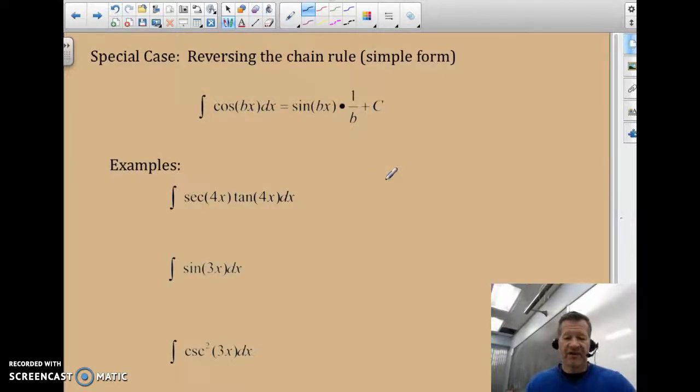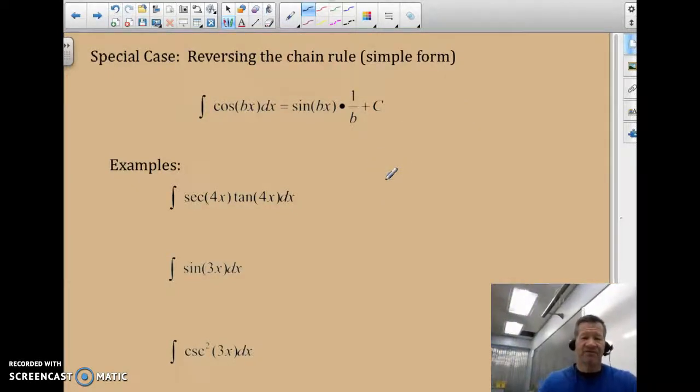One important thing, we're going to do some reversing of simple chain rules also in this section. If I have the antiderivative of cosine of junk dx, if the junk is just a simple expression where the derivative of the junk is just a constant, same kind of thing.